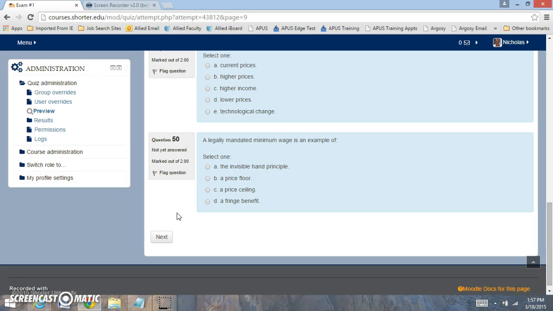A price floor or minimum wage would be a good example. A price ceiling or rent control would be a good example. So those are some of the questions that you might see.